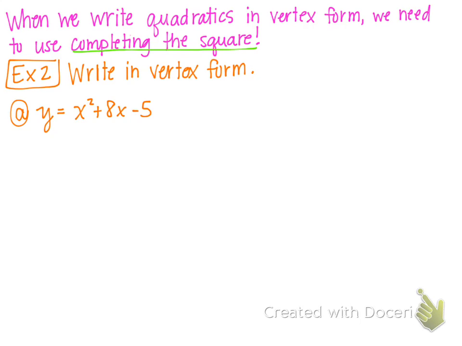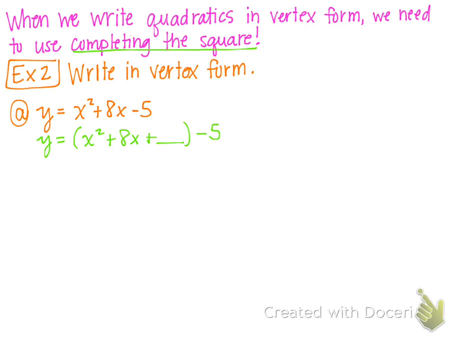And let's look at A. So here we have a quadratic, but it's not in vertex form. So what we're going to do is use completing the square, and we are going to set it up just like this. We're going to say y is equal to x squared plus 8x plus something minus our 5 from before.